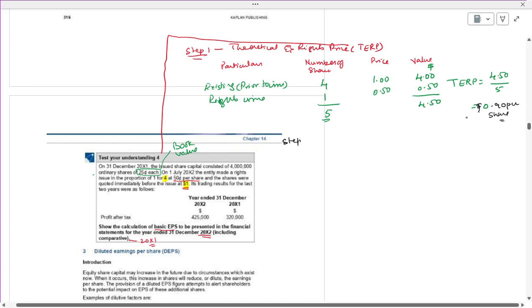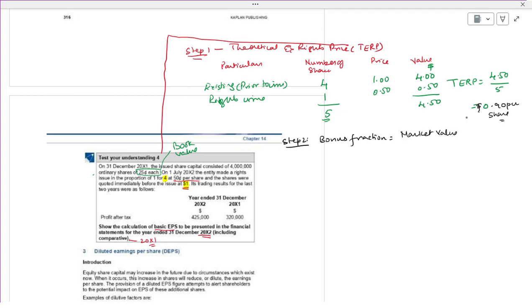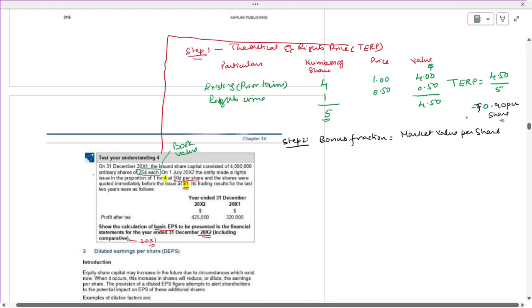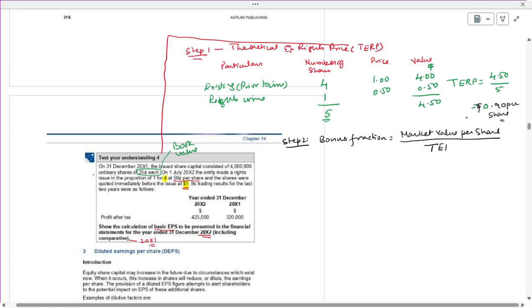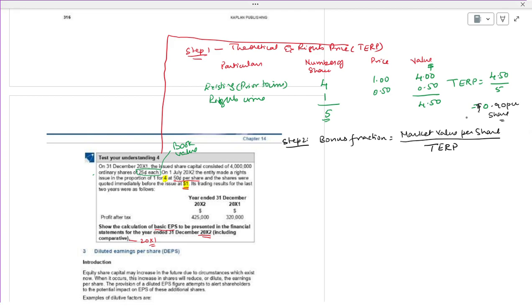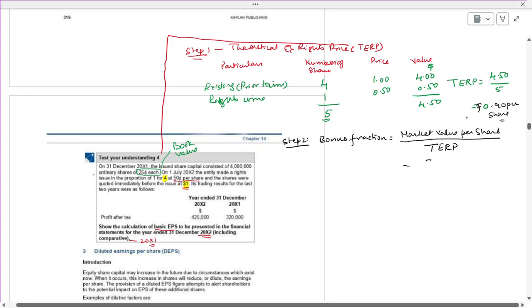Step 2 is the bonus fraction: market value per share divided by the theoretical ex-rights price. Is it okay with you? The market price is $1 divided by 0.90.